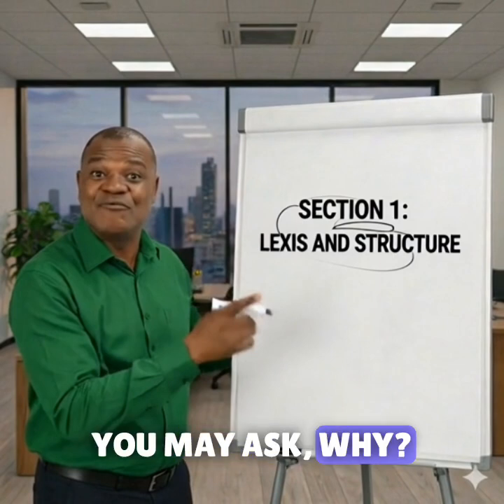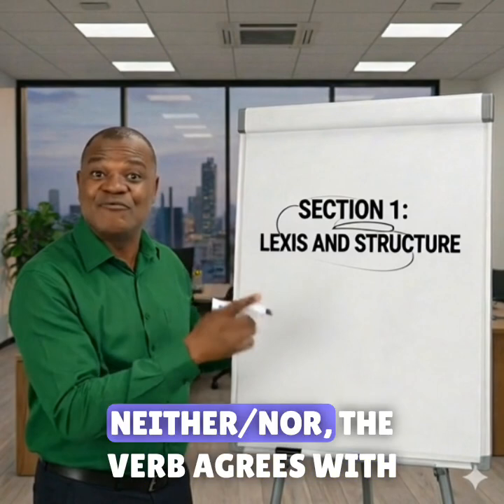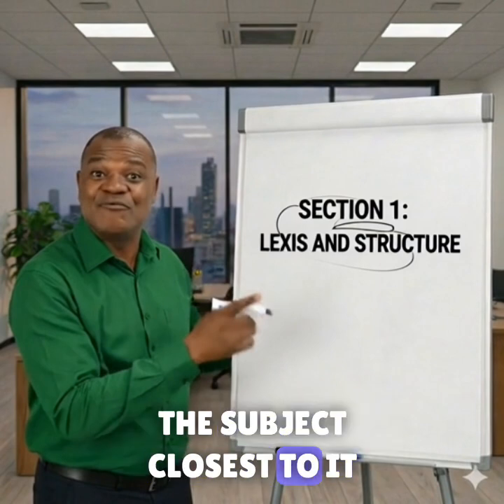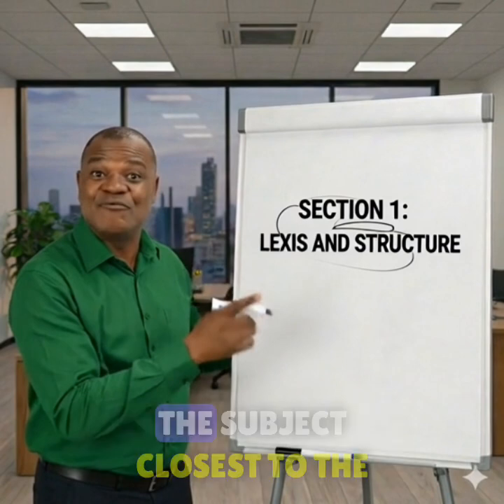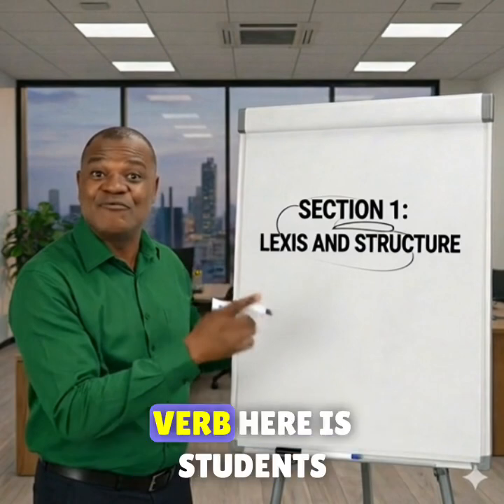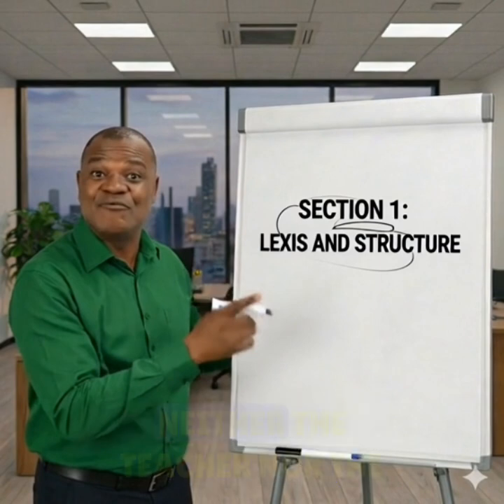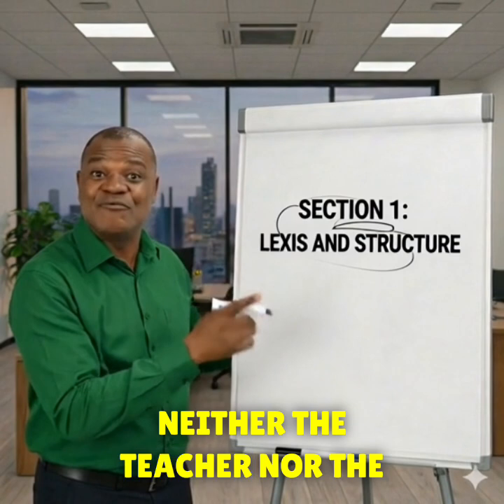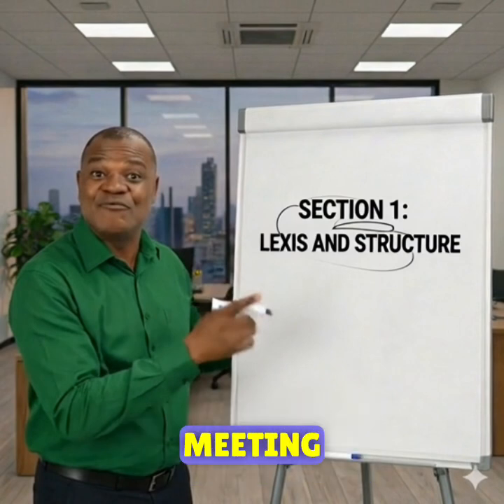You may ask why. This is because in sentences with neither-nor, the verb agrees with the subject closest to it. We call this the law of proximity. The subject closest to the verb here is students, which is plural. So the correct answer is: neither the teacher nor the students were present at the meeting.